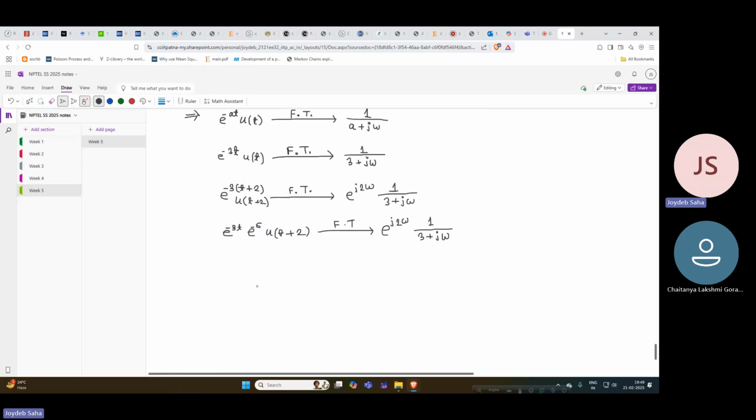Let us multiply both sides with e to the power 6.